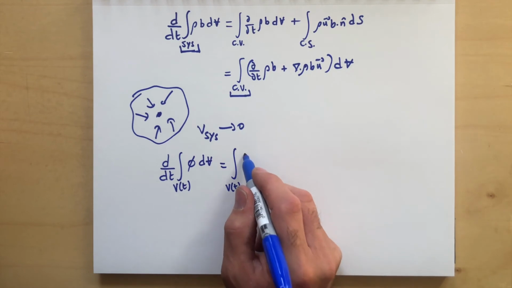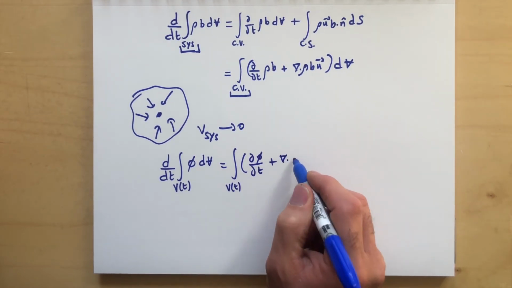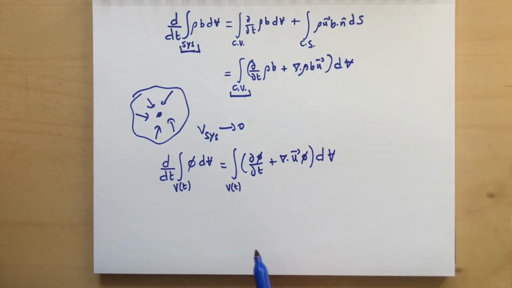Written in volume form, you get d phi by dt plus div u phi dv. That's the same volume. So now we have something we can work with.